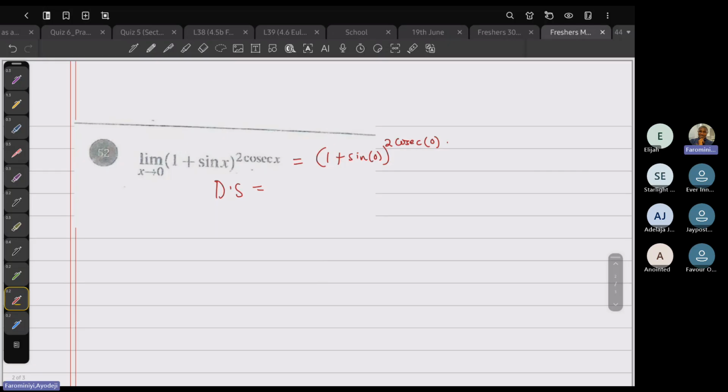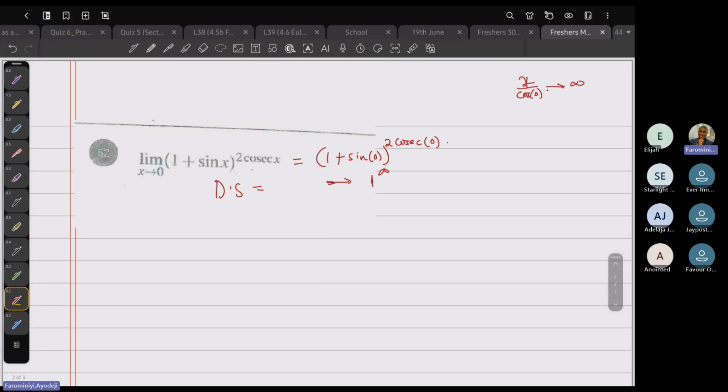And this is going to approach 1 raised to power infinity, because cosec 0 is 1 over sine 0. So as x approaches 0, this guy will go to infinity. So this is a problem.